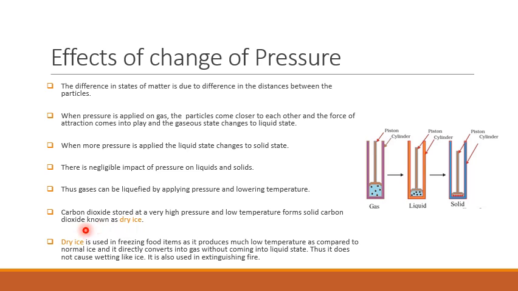So this dry ice is very useful in freezing food items as it produces much lower temperature as compared to normal ice, and it directly gets converted into gaseous form if the pressure is reduced without coming into the liquid state. That's why if food items are stored in it, they don't get wet, or I can say the dry ice does not cause wetting like ice.